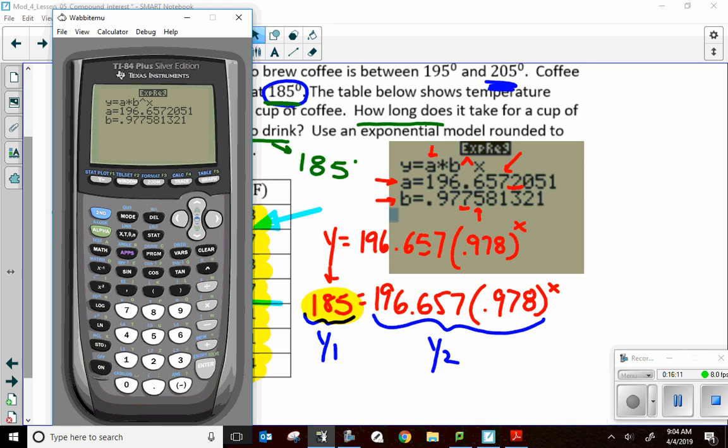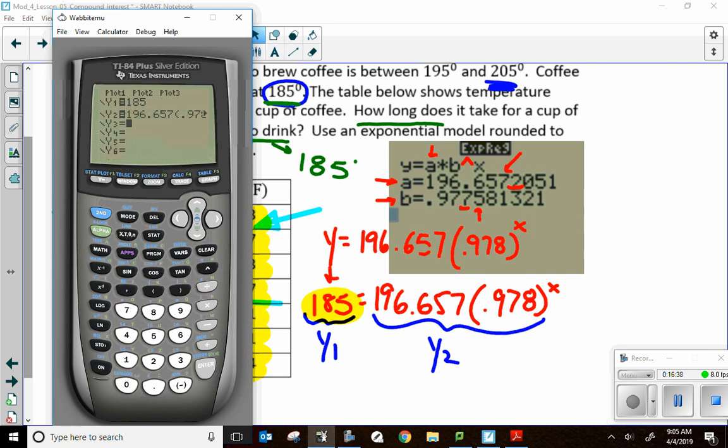All right? Let's do this, children. Let's go to y equals, and you'll see my regression got put in there for me. And that's nice, but I need to use my rounded one. So let's clear this out. First, I put 185 in. Now I have 196.657 times 0.978 raised to the x.